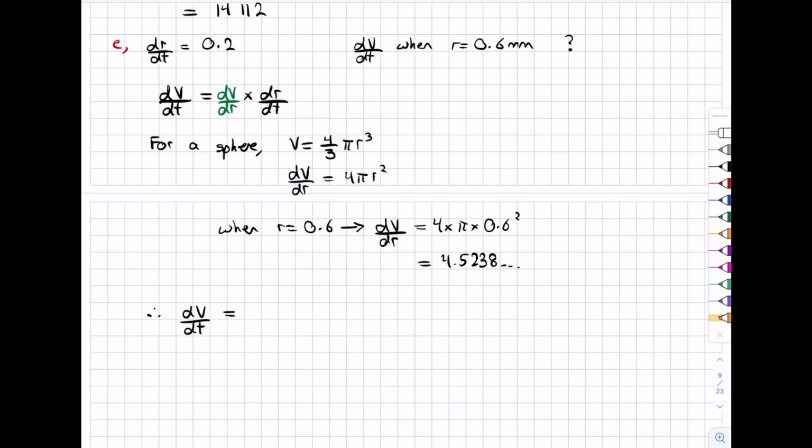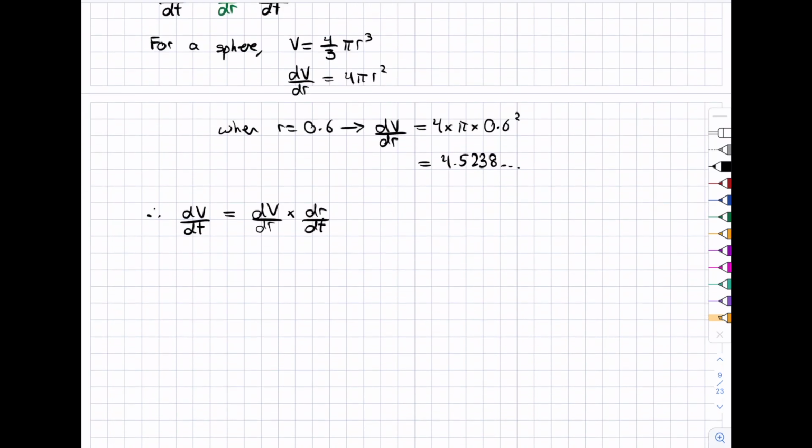equals, I'm probably just going to rewrite this one more time, dV on dr times dr on dt, and then I'm able to say when r is equal to 0.6, the rate of change of the volume is 4.5238... multiplied by dr on dt, but we know from the question that's always 0.2, that's staying as a constant.